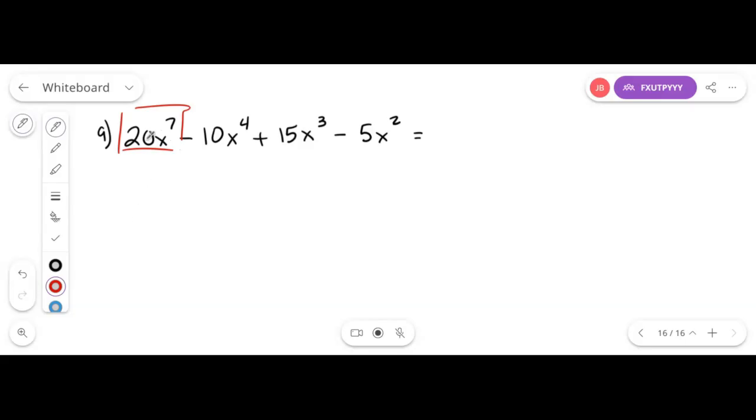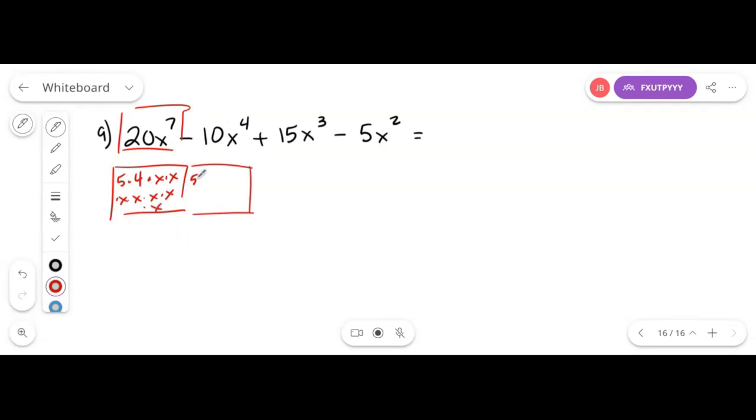This box, I'm looking at 20, 10, 5, 15. I noticed something about 20, 10, 15, and 5. 5 goes into all of those. So that's going to be my number that I want to focus on. So 20 is 5 times 4. And then I have x times x times x times x times x times x times x.